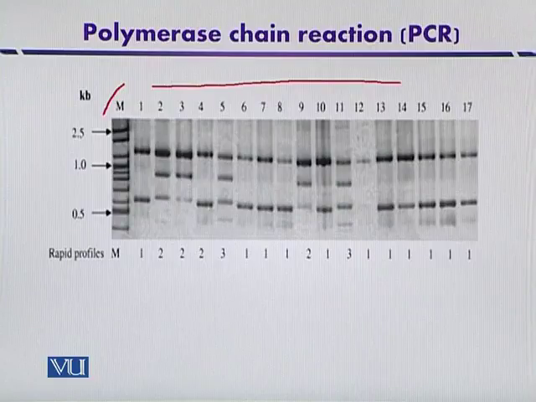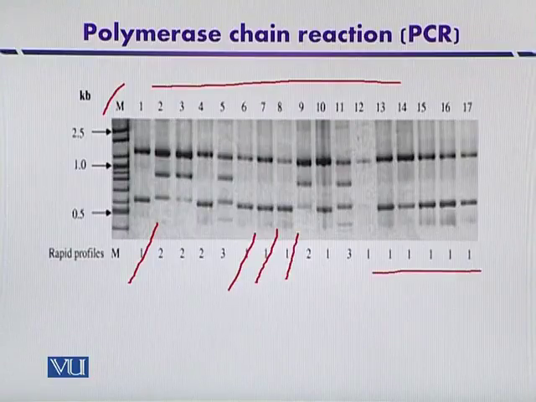For example, at the lower side of the gel, the number 1 pattern is the same in most of the cases. It indicates that mainly 2 bands are detected, here and here, on the left side. So mainly 2 bands are detected or separated on the gel. That's why we can say that these belong to the same species.